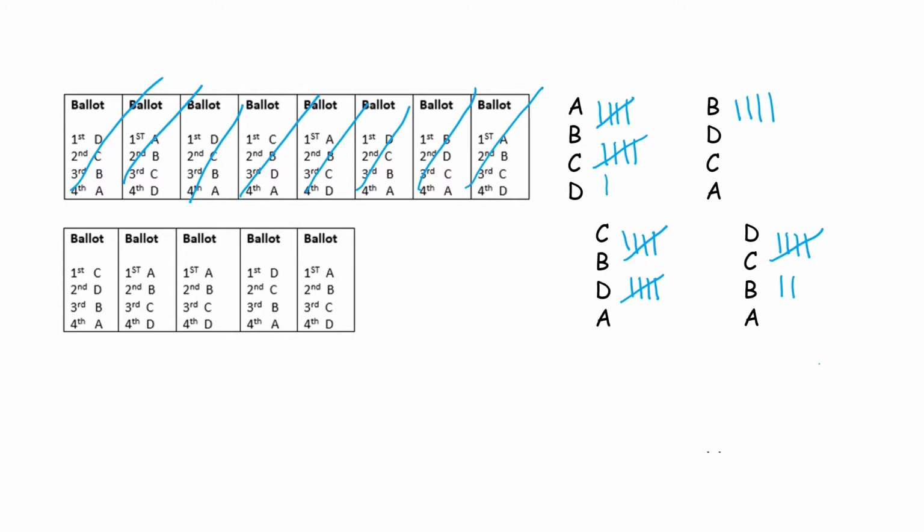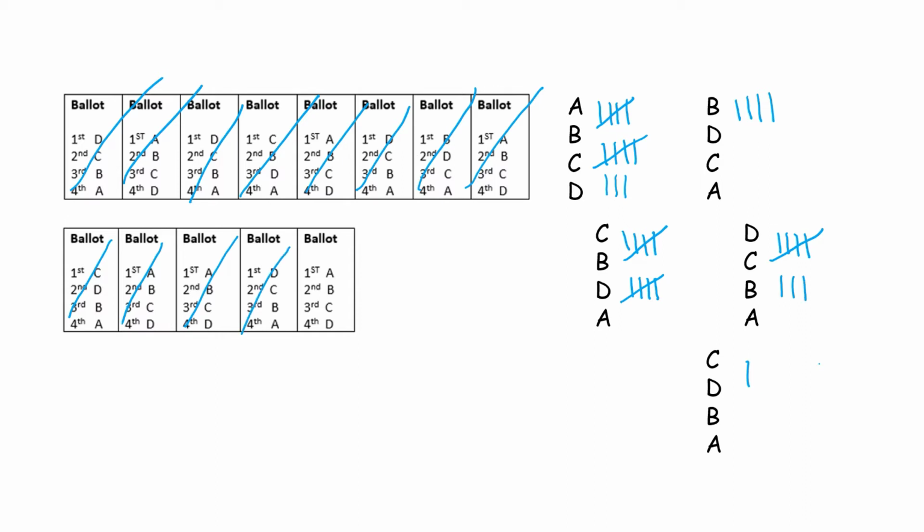Now to the last row, we have a CDBA. Ooh, we haven't had one of those before, so let's write that as a column and give it a tally mark. Then we have an ABCD, another ABCD. We have a DCBA. We had one of those, so put another tally mark there.